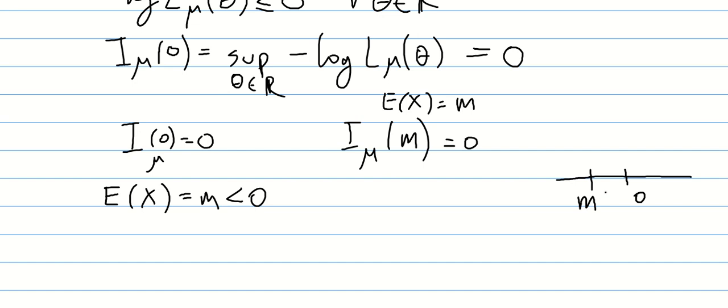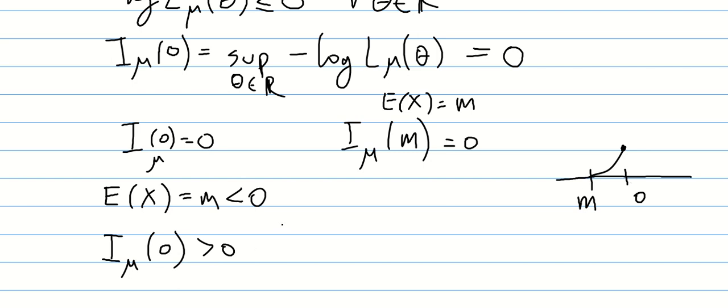We can do a similar argument for m positive, so I'm not going to do this. I'm just going to consider this case. And I'm going to show that the rate function I mu of 0 is positive.